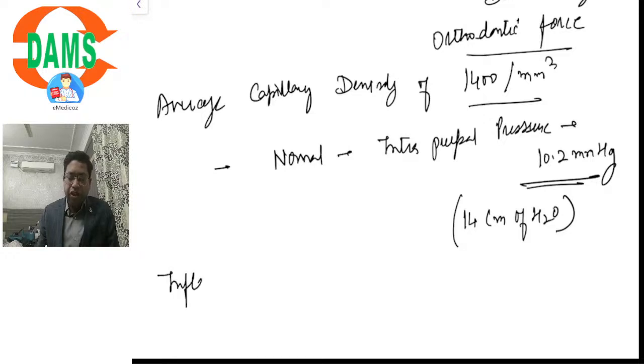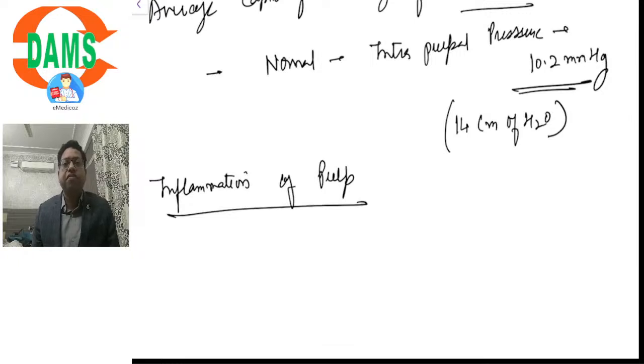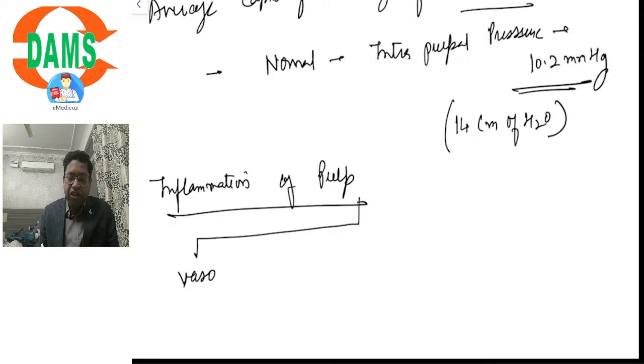Whenever there is inflammation of the pulp, I've already told you that it is a very low compliant environment. In pulpal inflammation, we know that there would be release of certain inflammatory mediators that cause two specific changes in the pulp. That is, one is vasodilation, isn't it? There would be mast cells that would release histamine and heparin.